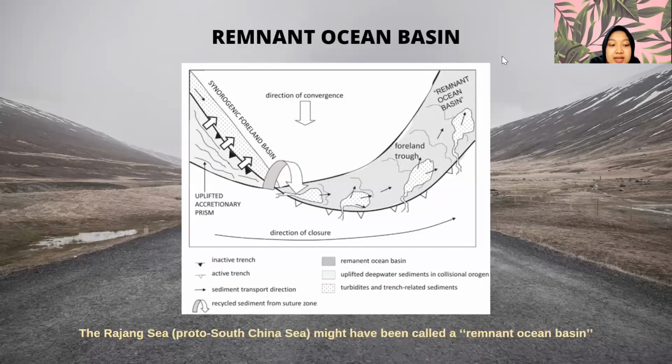Next is the regional context. The authors interpret the closure of the Rajang Sea as probably occurring in a scissor-like fashion, with the deformation younging progressively from the southwest to the northeast, as shown in this figure. And the Rajang Sea might have been a remnant ocean basin produced by a diachronous closure and uplift of the fold-thrust belt from west to east.